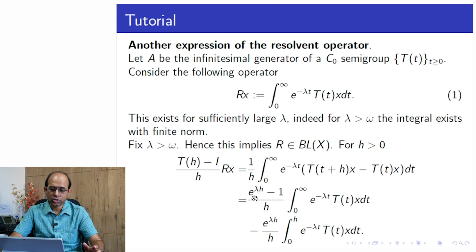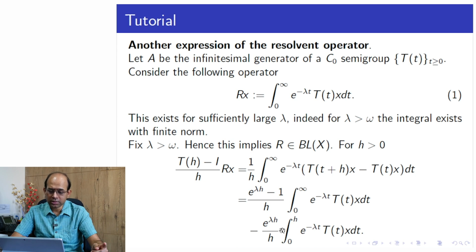We know that. So the result of the limit of this would be just lambda, and this would remain as it is. And for this, I have e to the power lambda h, so this numerator as h tends to 0 goes to 1.